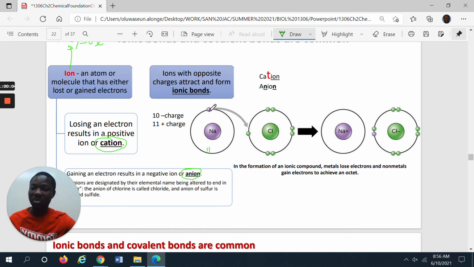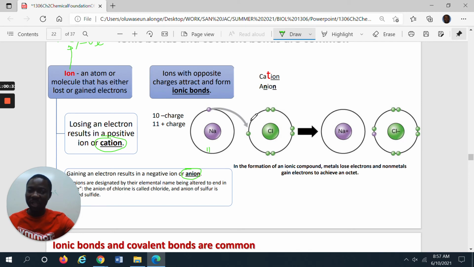If sodium wants to be balanced, what sodium will do is to give out the 1. Now, think about it. Sodium needs 8 to be balanced, but it only has 1. Then it's easier to give out 1 than to gain 7. Nobody is going to give sodium 7, but sodium can give out its 1 easily.